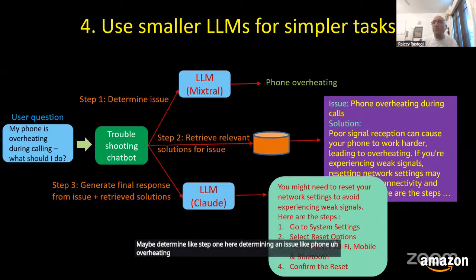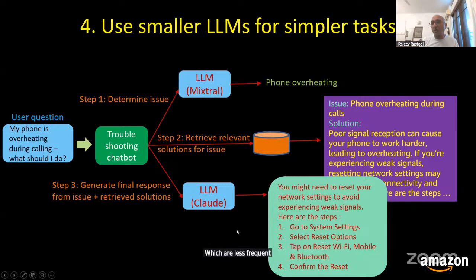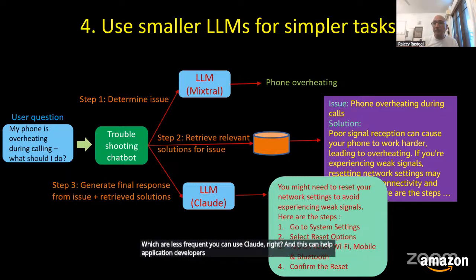Here you can use a small model, and that can be Mixtral or something, right? And then for the more complex tasks, for example, generating the final response in step three here, which are less frequent, you can use Claude, right? And this can help application developers reduce the overall latency and computation cost of building LLM solutions.